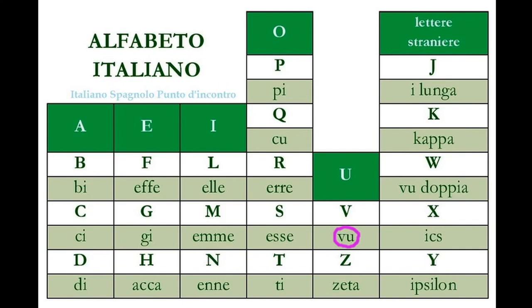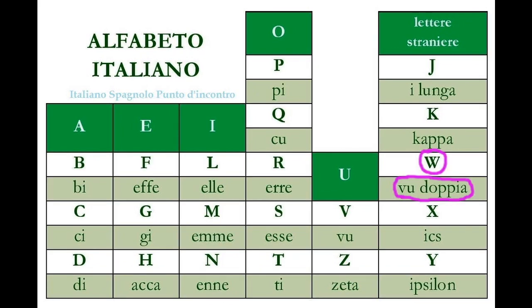Sometimes also you could find the V called differently, as you see here. Then you have the W that is called V doppia or doppia V. And let's note, please, you call this one W in English, while it's called double V in Italian.